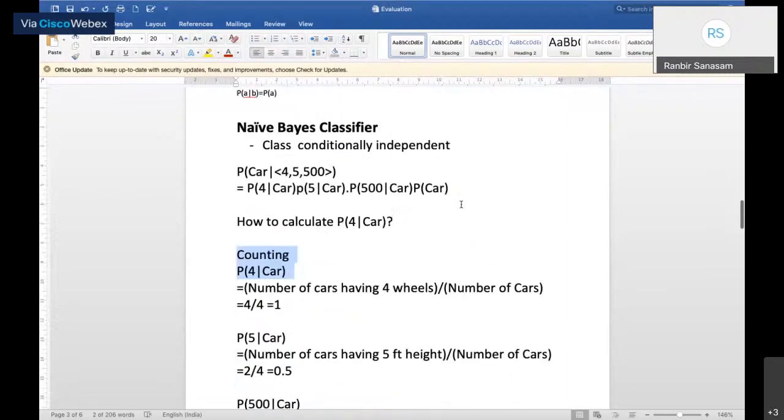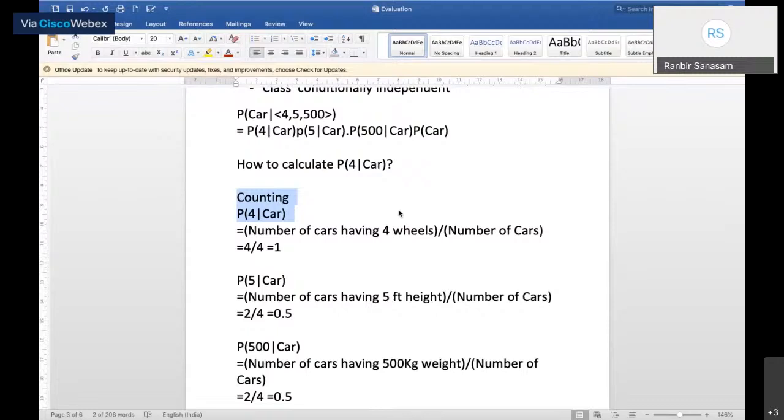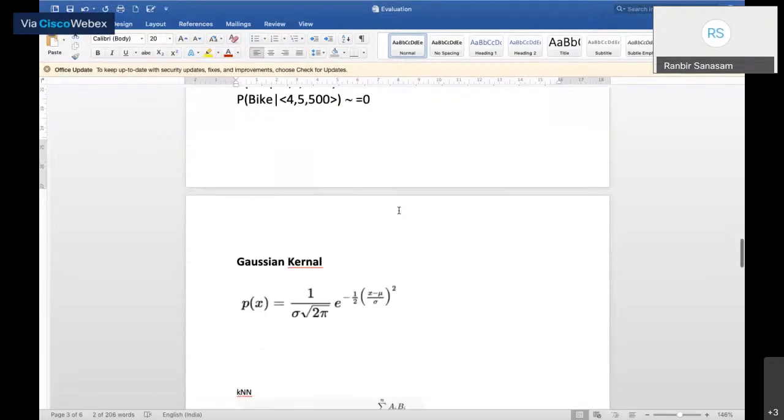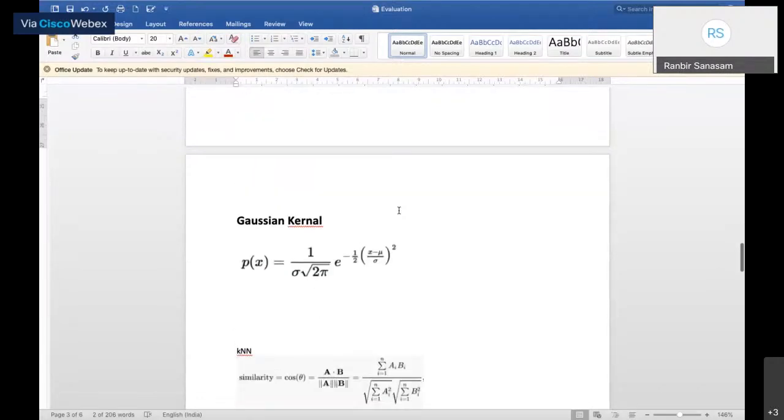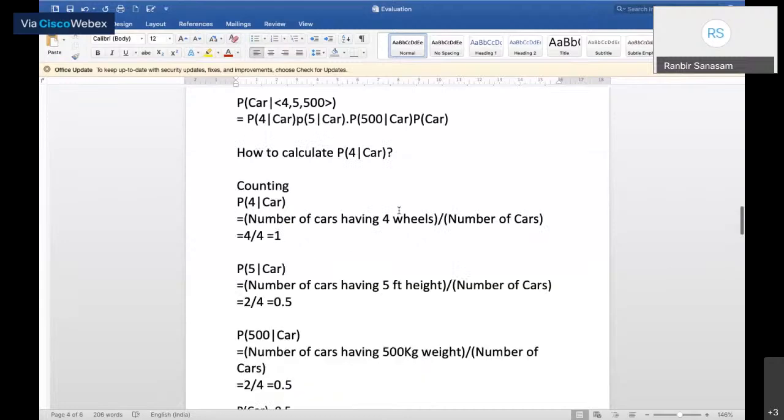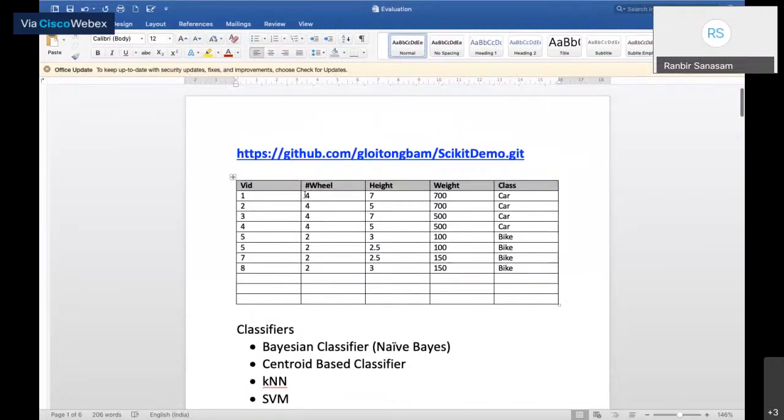When I say Gaussian naive Bayes, that basically means it assumes that the distribution of each feature follows a Gaussian distribution.